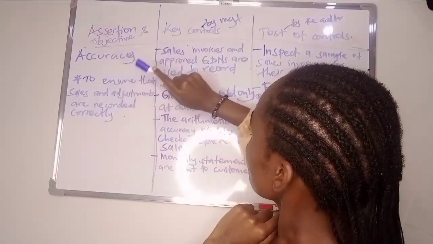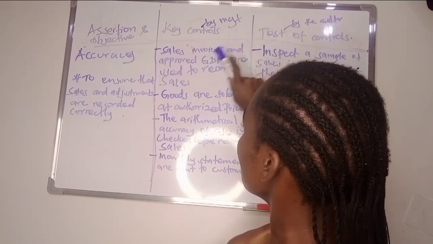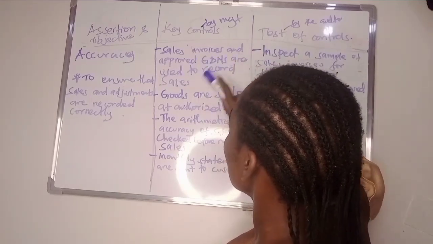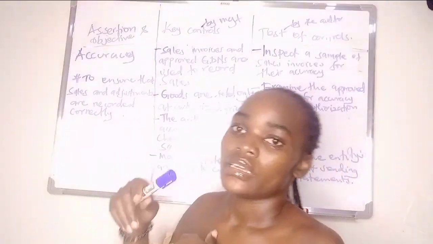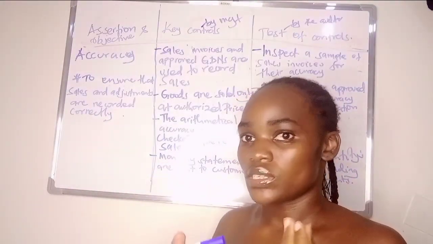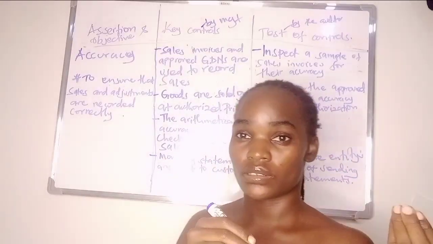They can do that by making sure that sales invoices and approved goods delivered notes are used to record sales. Like they use the sales invoices to record sales instead of using maybe the sales orders.